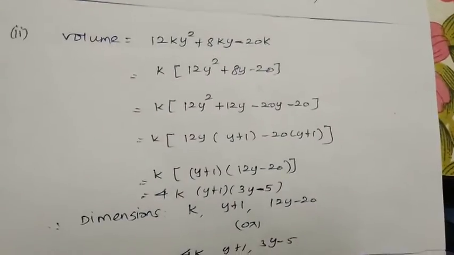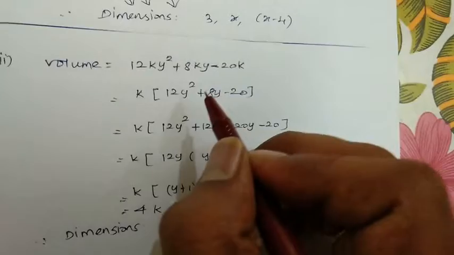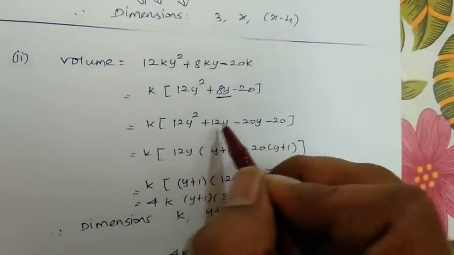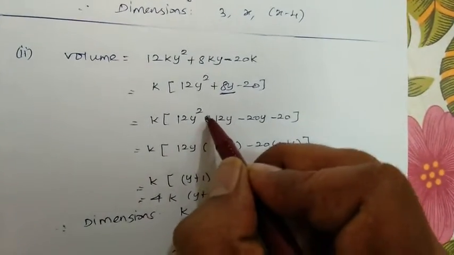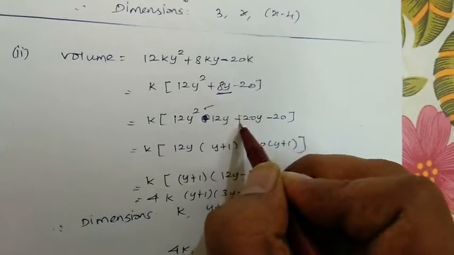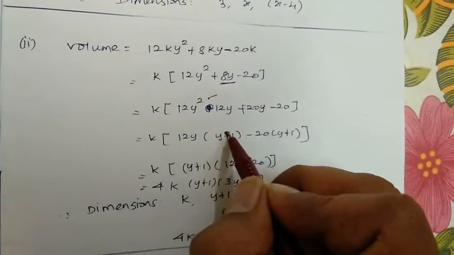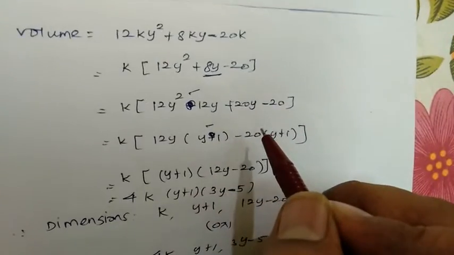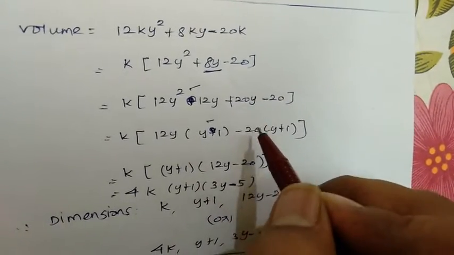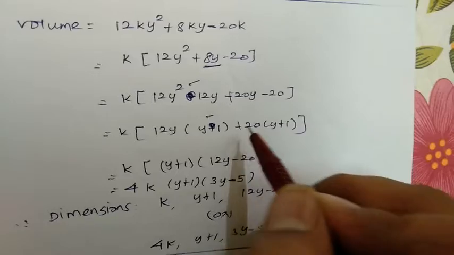Here you can write in different manner, or you can write directly. Here it's wrong. So here 8y. So here minus 12y plus 20. Further 12y into y minus 1. Okay. Here also 20y plus 20.